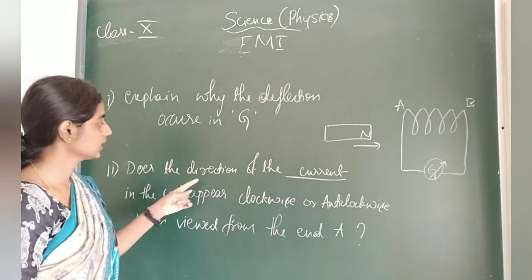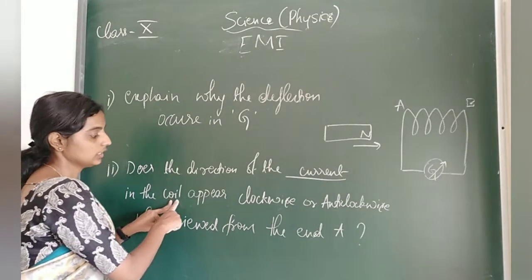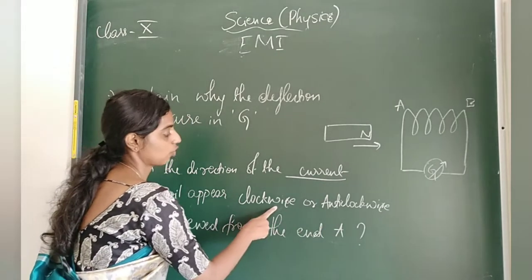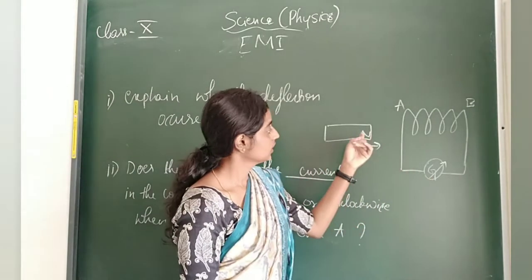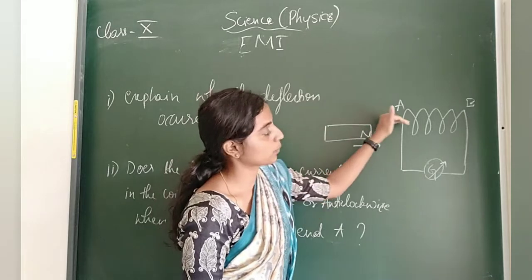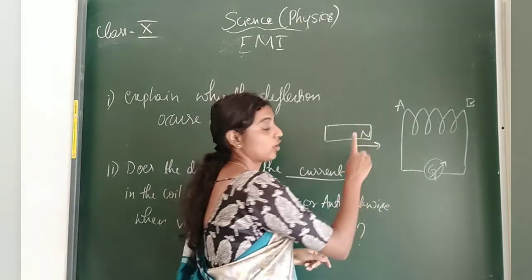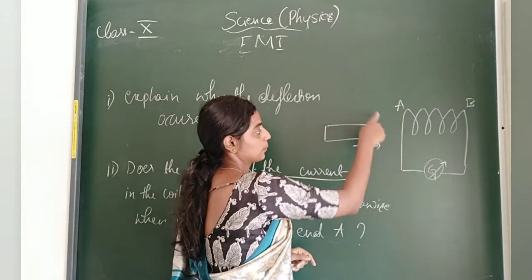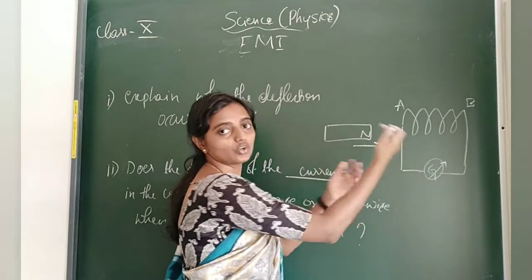So what they are asking is the direction of current in the coil, at the end of A, whether it is clockwise or anti-clockwise. Now come to the diagram and observe, the north pole is approaching towards the coil A, right? According to Lenz's law, when the magnetic field started to be produced here, this end of the coil started to repel.